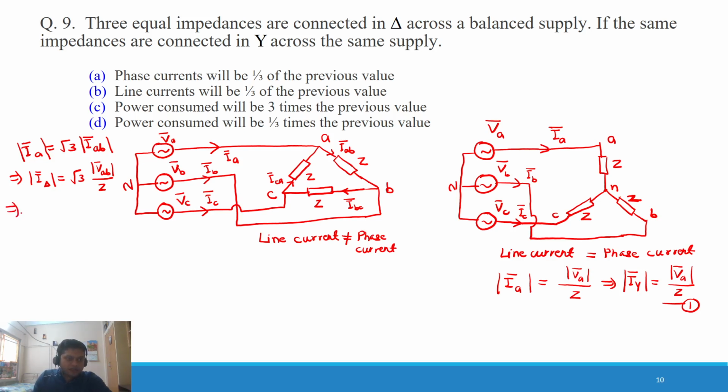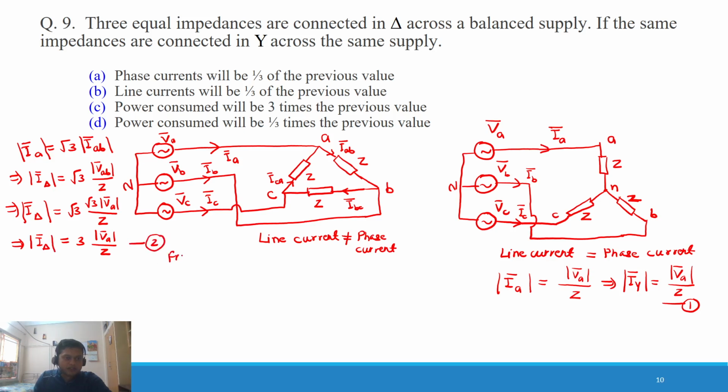Further we simplify this. We know that this VAB value comes out to be root 3 times VA, because the same source is connected to both loads, so root 3 times VA divided by Z. So it comes out as 3 times VA divided by Z. Let us take it as the second equation.